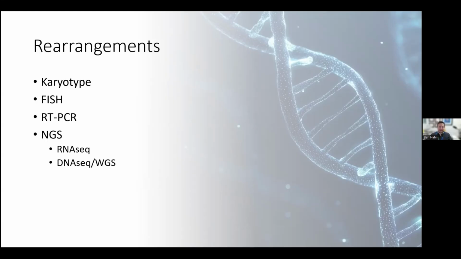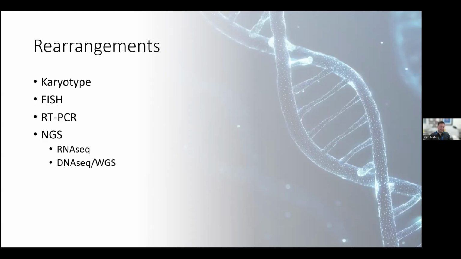And this could be done in a number of different ways, where you have a probe that covers the whole gene, and you're looking for that probe to be broken apart to indicate that that gene has been translocated. Or you could have probes for two different genes that are normally spatially far apart in the cell, and you see those two probes come together to show you a fusion signal.